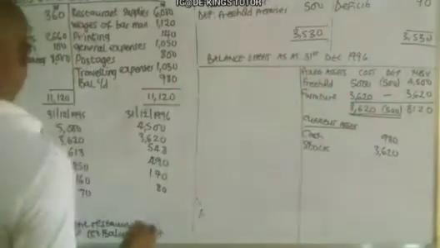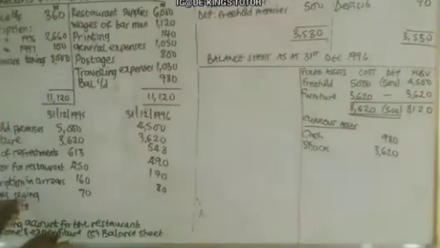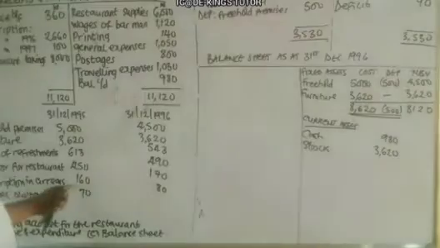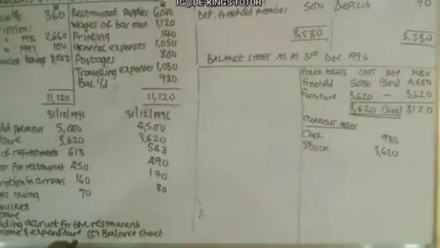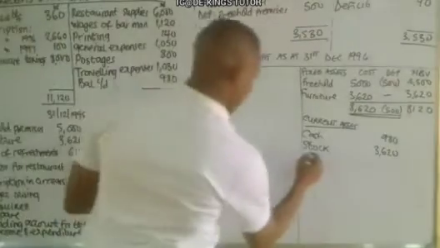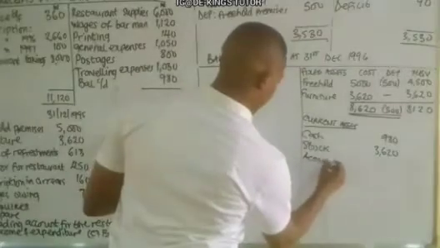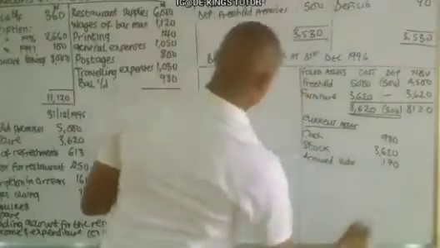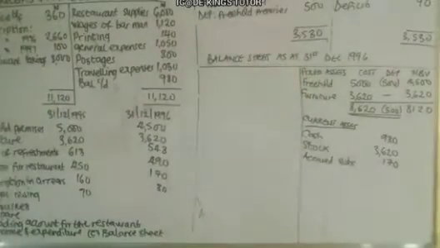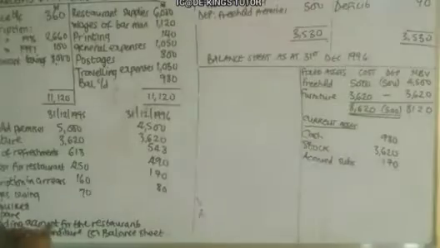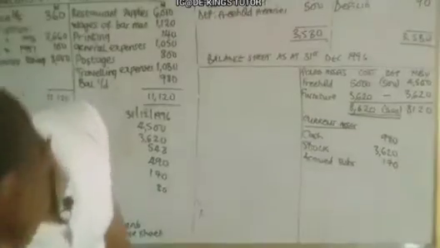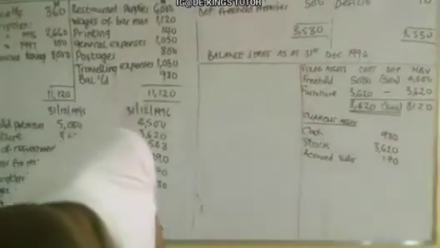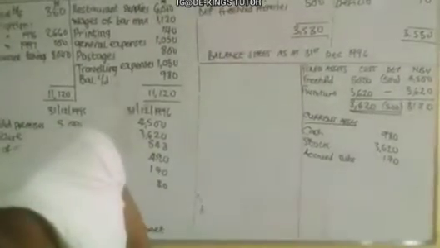And we'll have accrued income, accrued subscription as 170. And I think that's all. That's all for that.